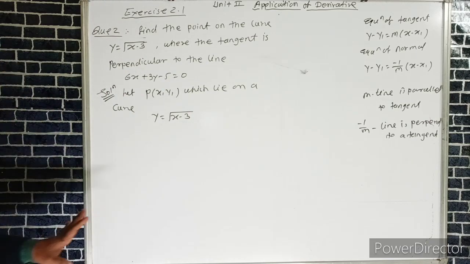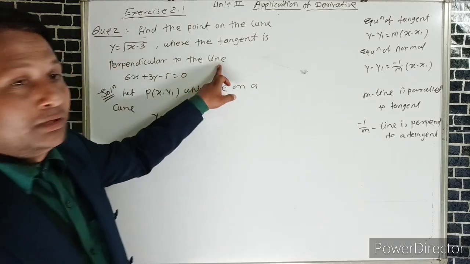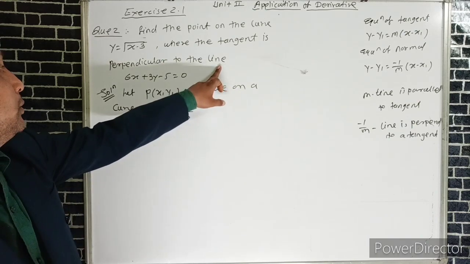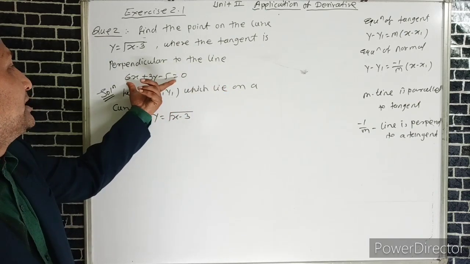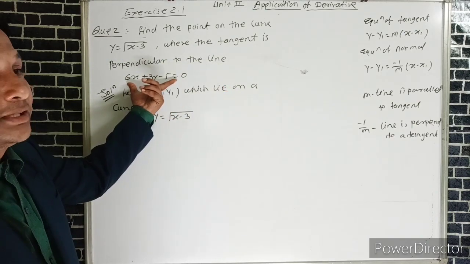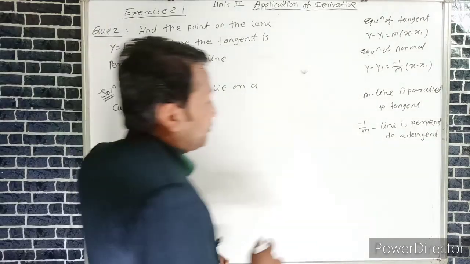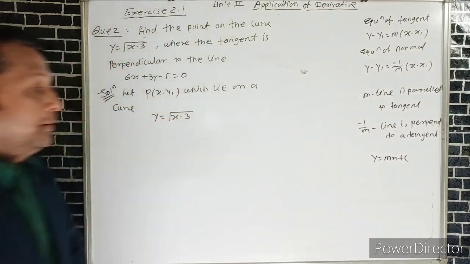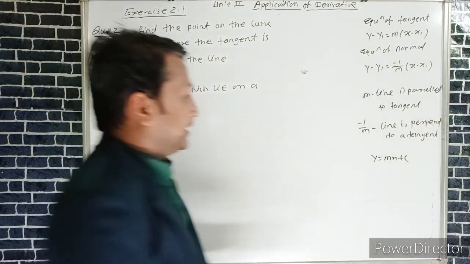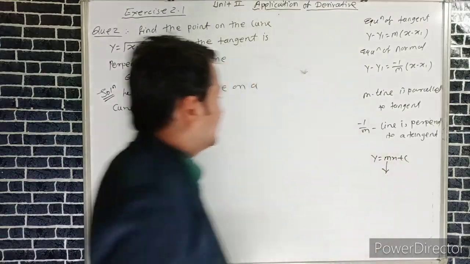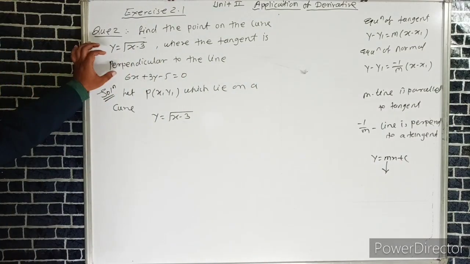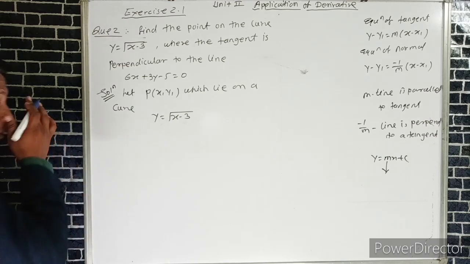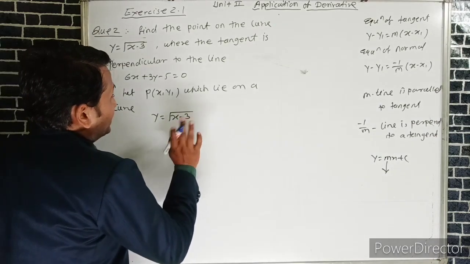So again, given that the tangent is perpendicular to the line, we can find the slope of this line by using the slope form y = mx plus c. By using this slope form we can find the slope of this line which is perpendicular to the line. Here y = under root of x minus 3.